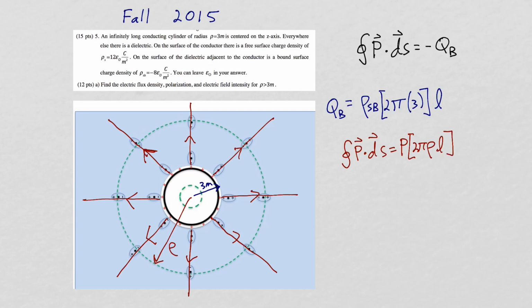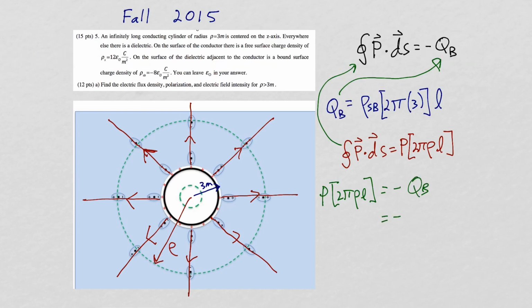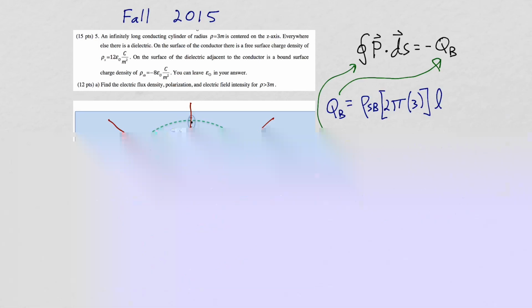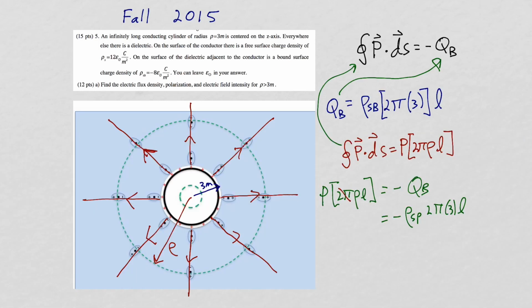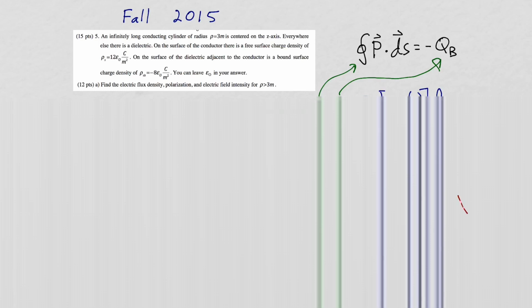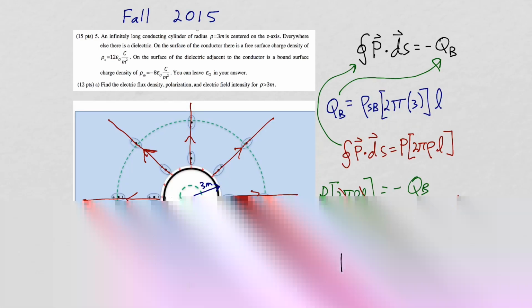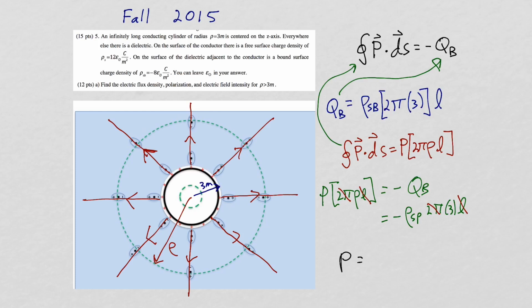So let's make these two substitutions. So these 2 pi's cancel and the L's cancel. So the polarization is equal to minus 3 rho sub SB.